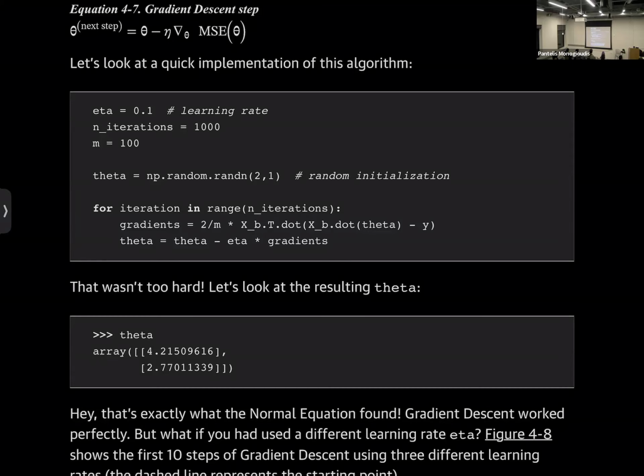From which distribution? From normal distribution. Random normal distribution of 2 rows and 1 column. In other words, it creates a random normal vector. What is the size of the normal vector? Obviously 2, because that is the number of parameters we have, because we need to fit a straight line.